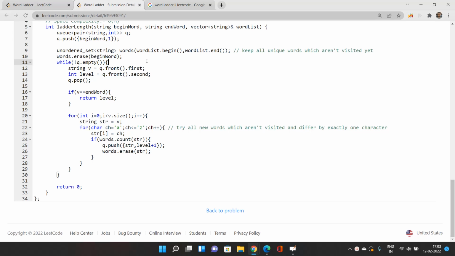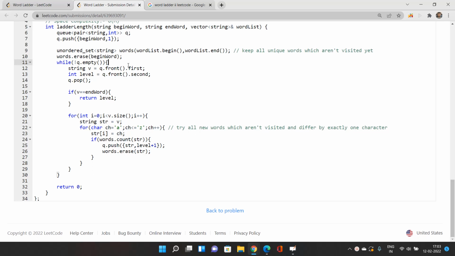In a more formal way, it will search whether this new string, which differs by exactly one character, is not yet visited, and this string must occur in the word list. The word list is nothing but a vector of strings given as input, and we have already mapped all the strings in the word list to another set of strings of words. So whenever we place a new character, we search whether this string is in our data as well as not yet visited.